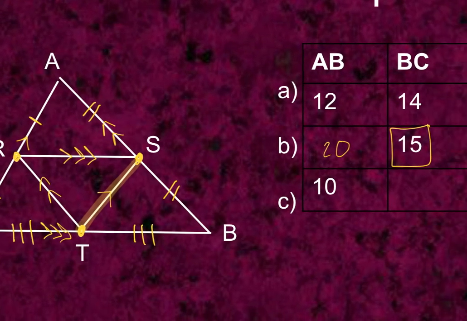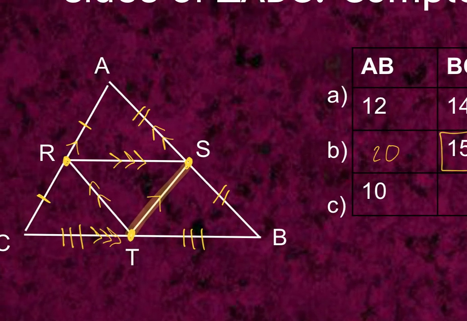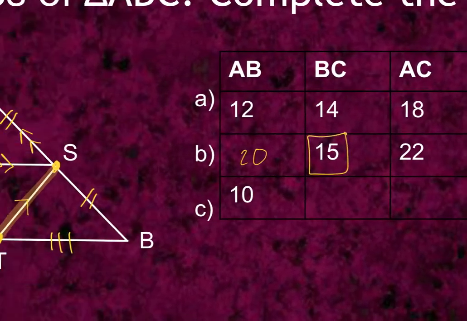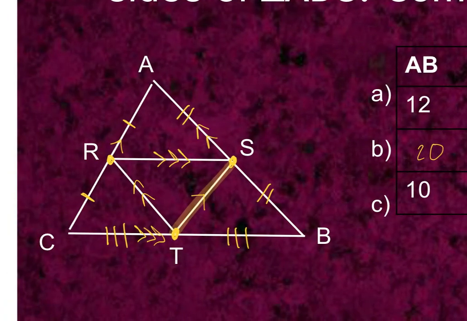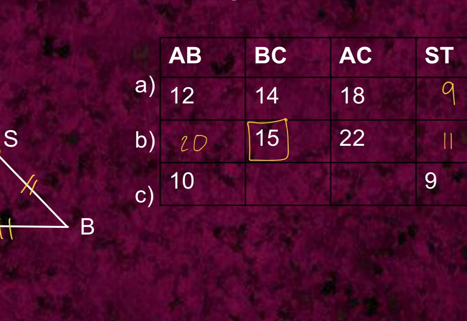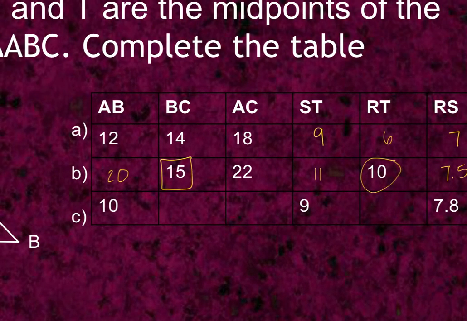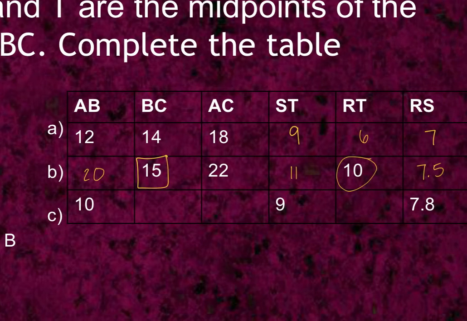Is AB a side or a mid-segment? A side. So that gives us information about which mid-segment? RT. So RT is going to be double or half? Half. So it's going to be 5.